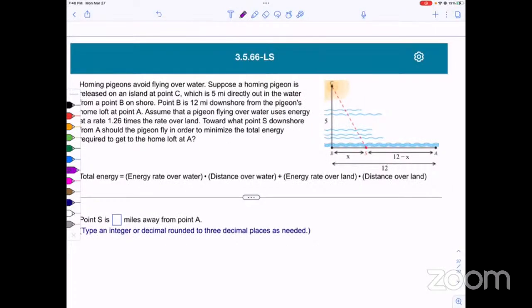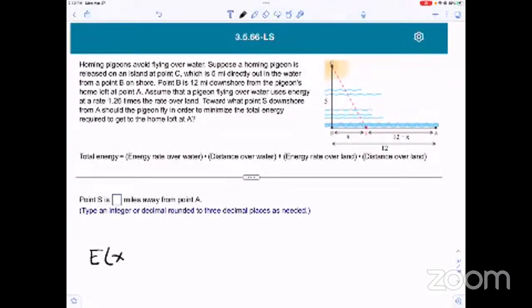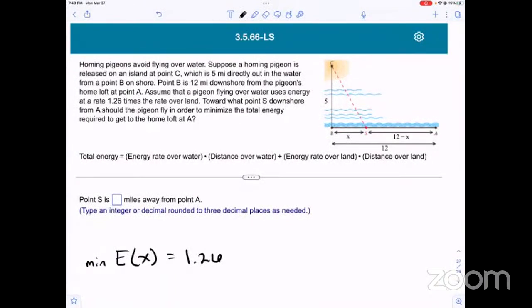So the total energy, we want to minimize the energy, right? So we're going to try to get the energy in terms of x. The energy rate over water is 1.26 times the distance over water. So that's the hypotenuse, which is going to be the square root of 25 plus x squared.